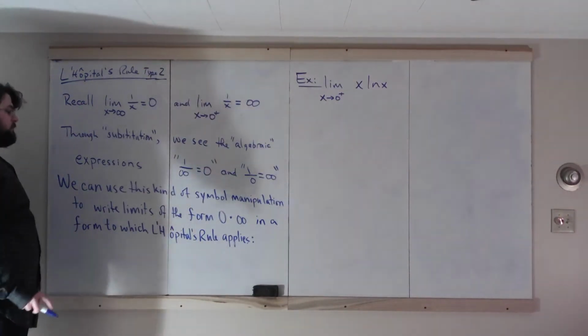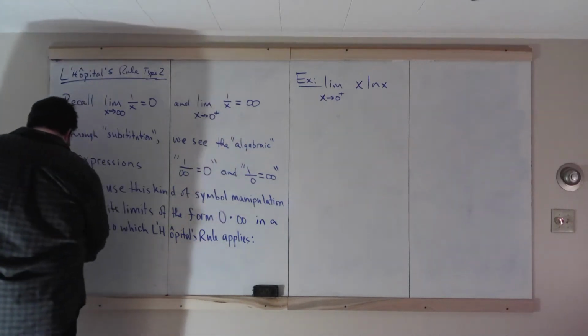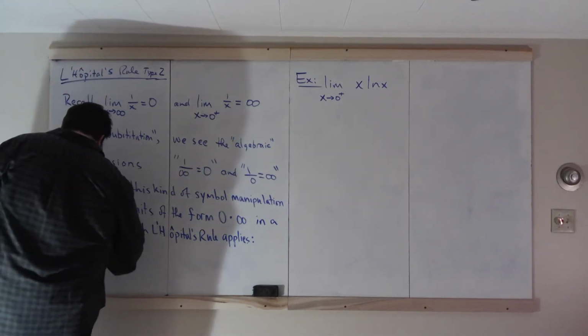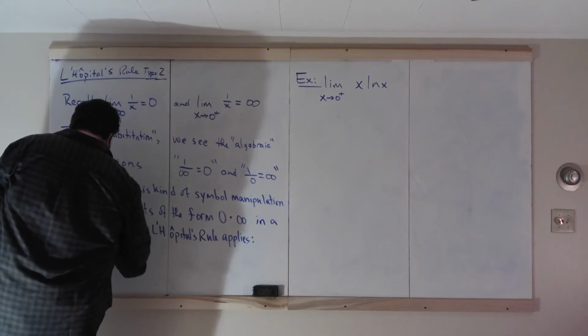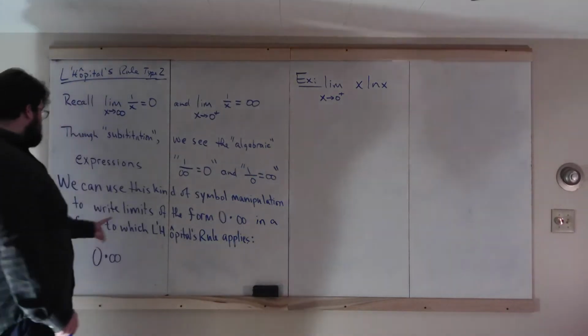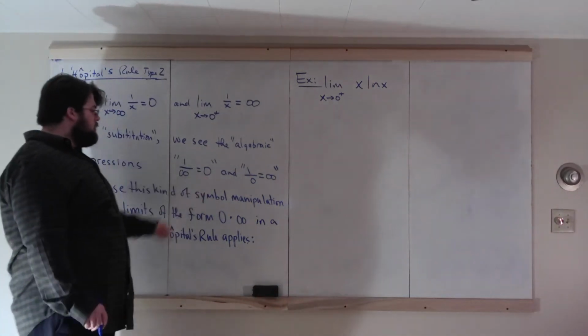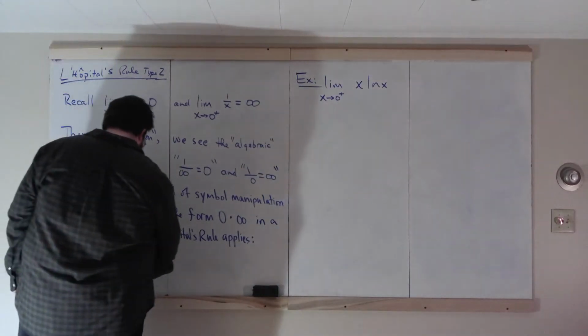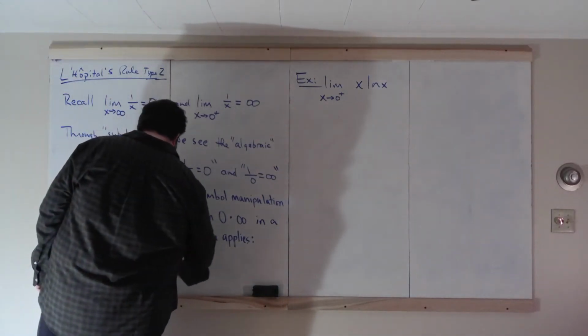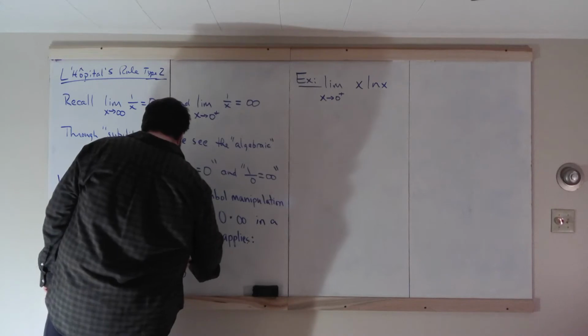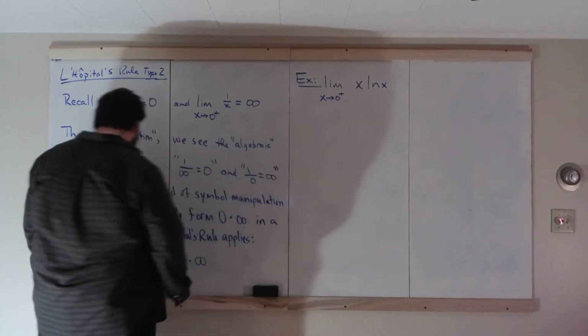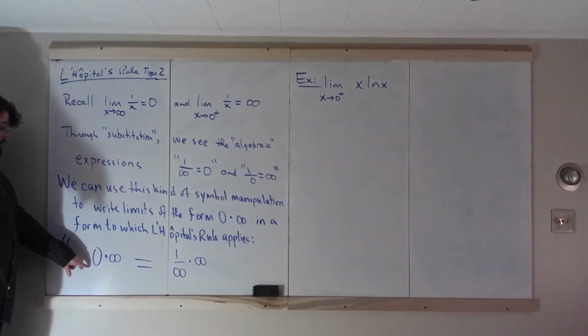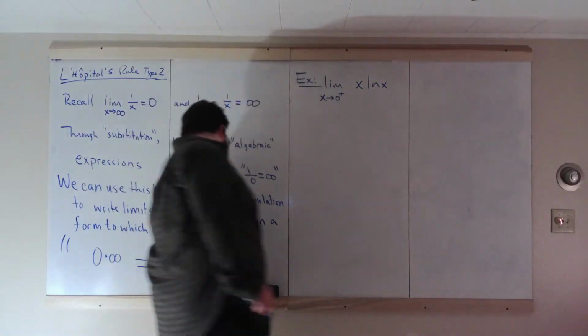And what symbol manipulation will we use? Well, I'll put big quotes here. 0 times infinity. Well, what if we write that 0 as a 1 over infinity? What do we get? Equals 1 over infinity times infinity. So all we did was take this 0 and write it as a 1 over infinity.